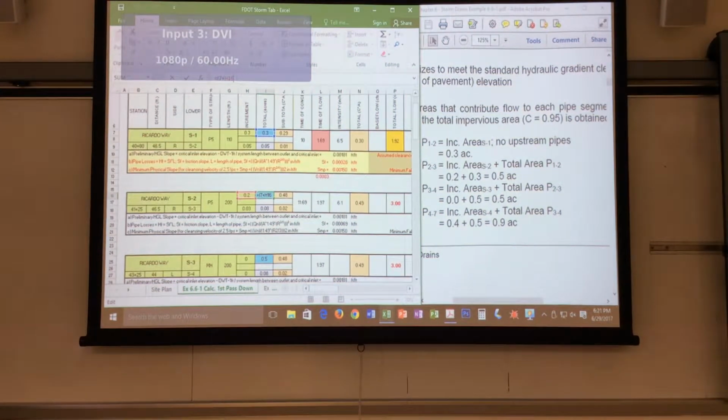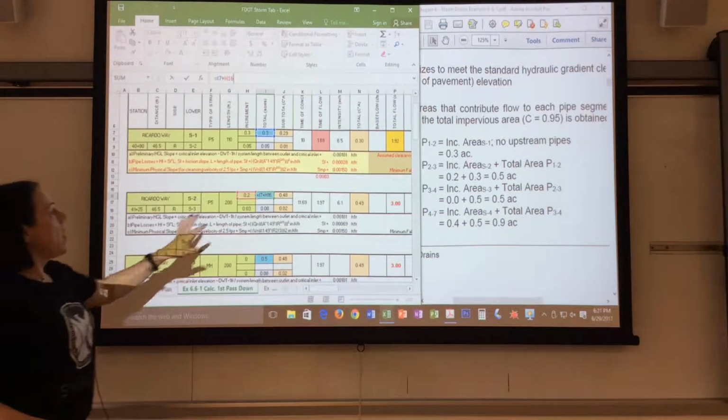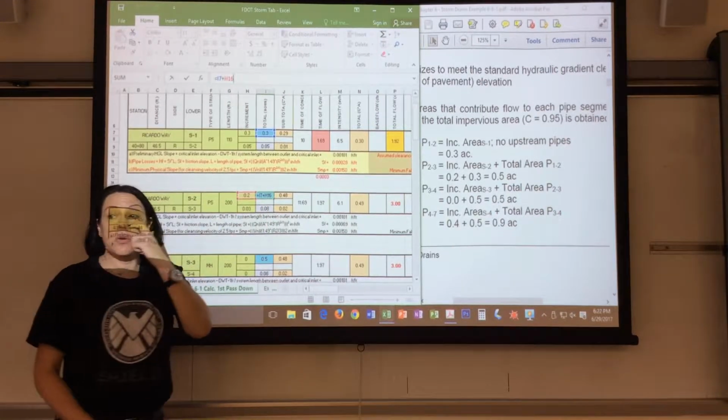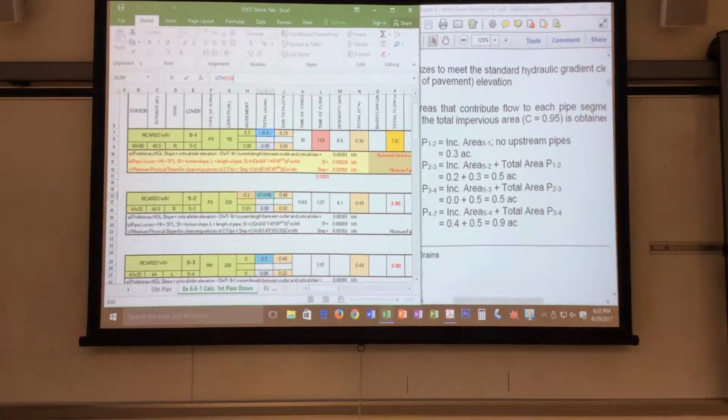Now, I want to show you, instead of just doing the math of 0.3 plus 0.2, this is a formula. So you're going to hit the equal sign, and I'll escape, and I'll delete that. I'll put it above it just so you can see that I'm doing the formula right. I'm going to say equal sign, and I'll zoom in just a little.